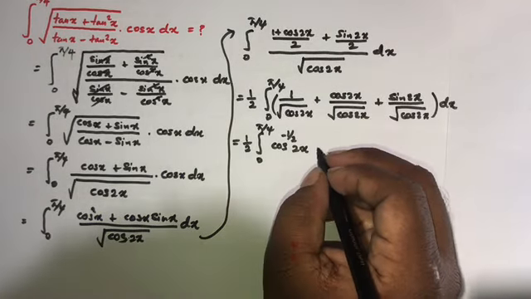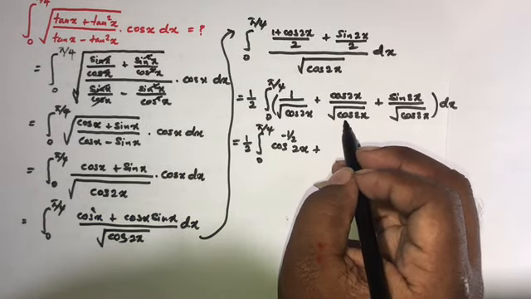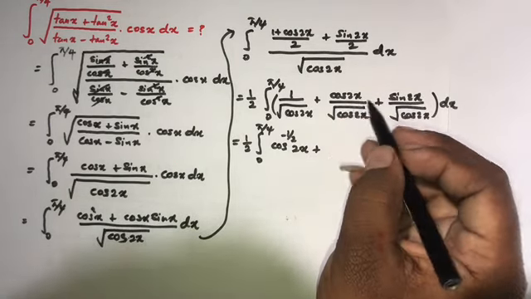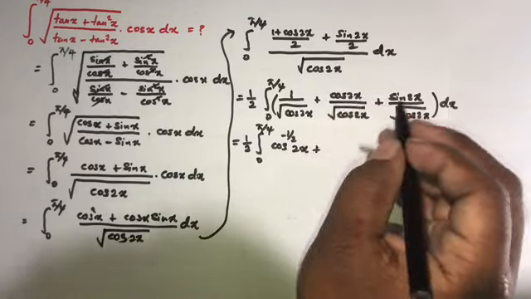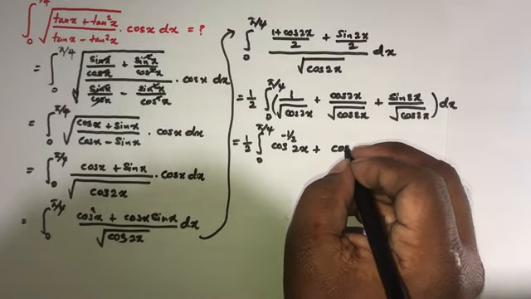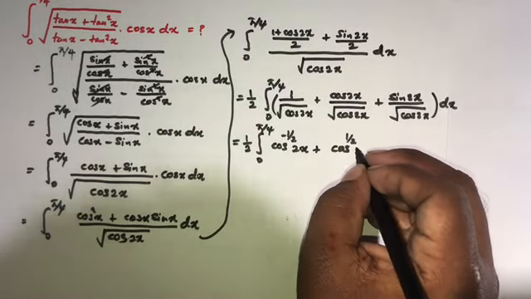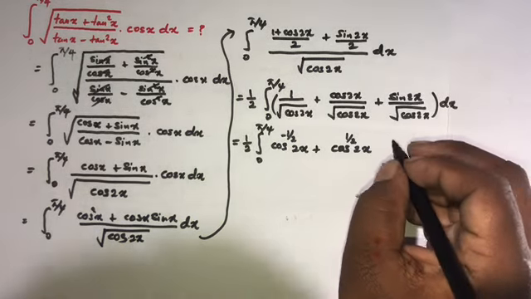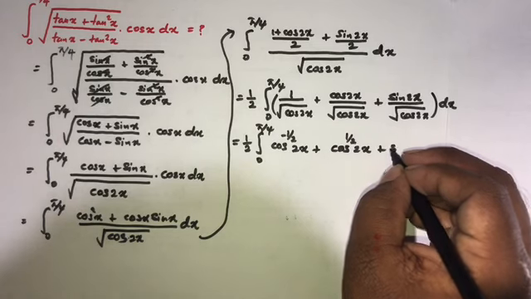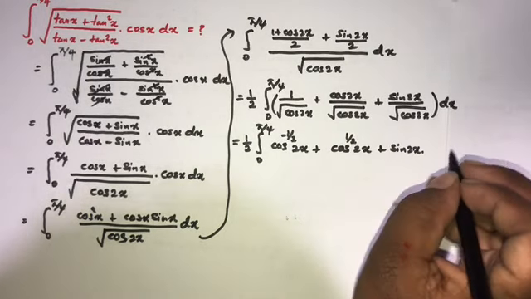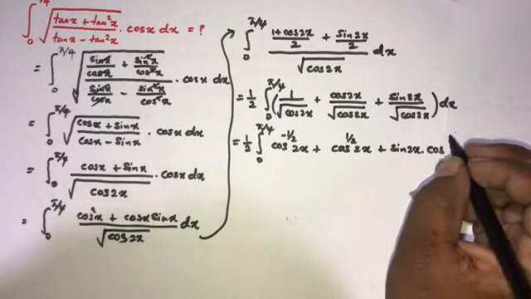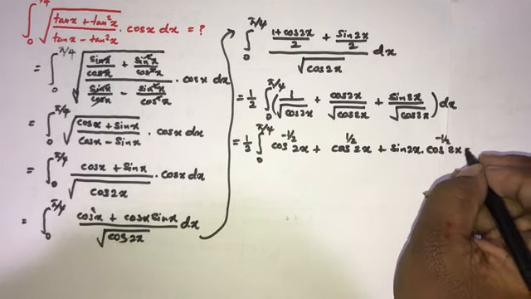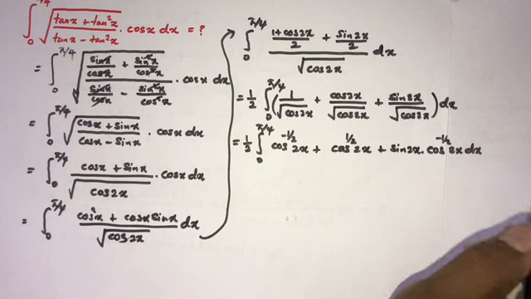And here also we know the square root of cosine of 2x over the square root of cosine of 2x gets cancelled, and in the numerator we will have the square root of cosine of 2x. So we have cosine to the 1 half of 2x. Then here we have plus sine of 2x times cosine to the minus 1 half of 2x dx.